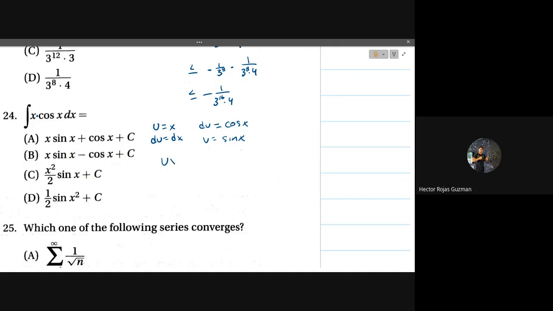Okay, so write down your formula, plug in your terms, get the antiderivative. The antiderivative here would be negative cosine. So let's just make that a positive. Giving us A.